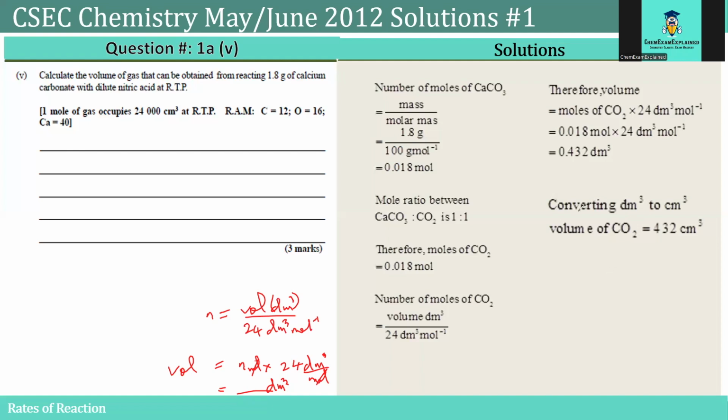If we have 0.432 dm cube, we can convert that to cm cube by simply multiplying by 1,000. So 0.432 times 1,000 equals 432, and this would be in cm cube.